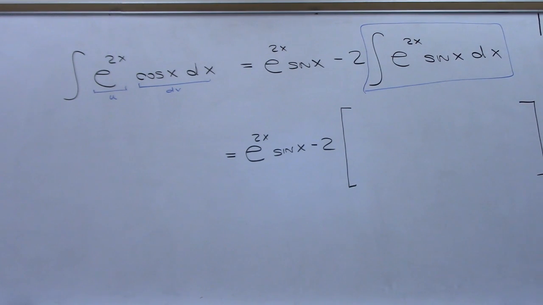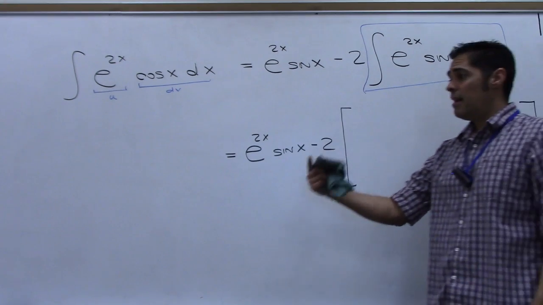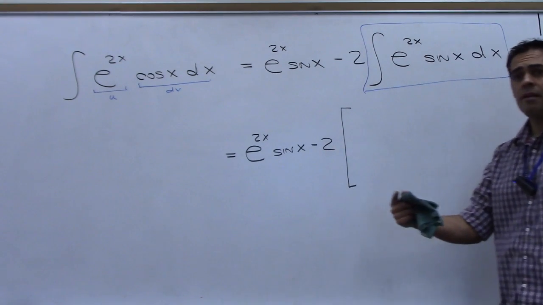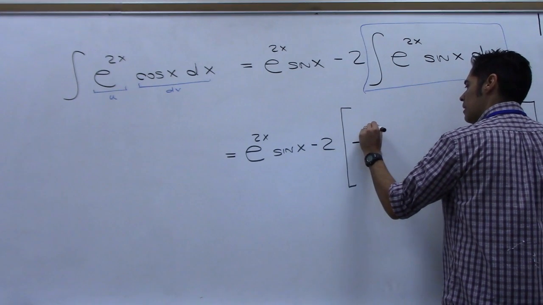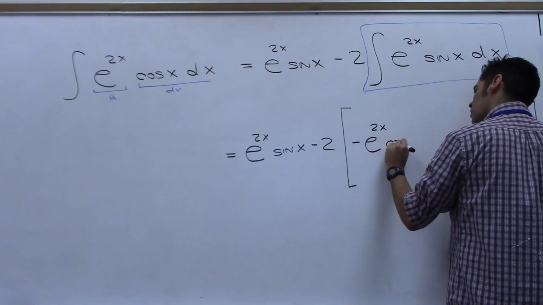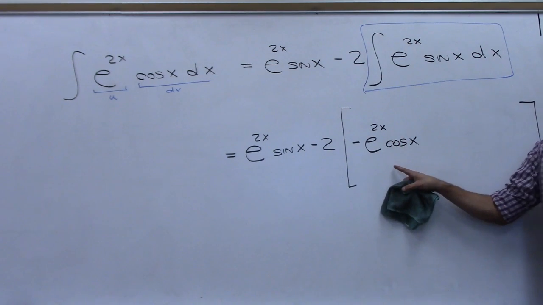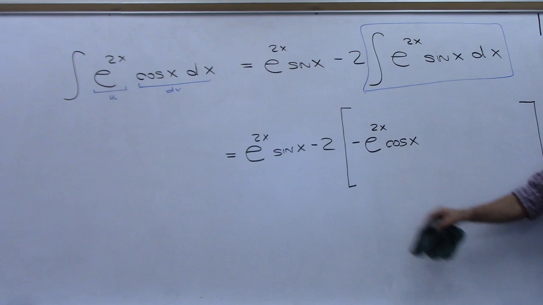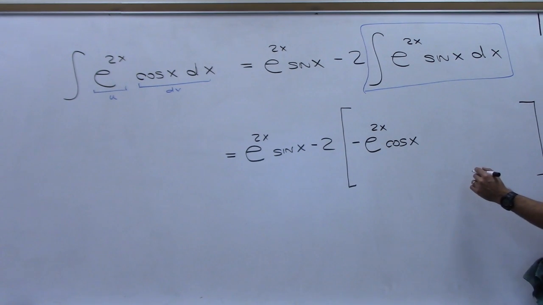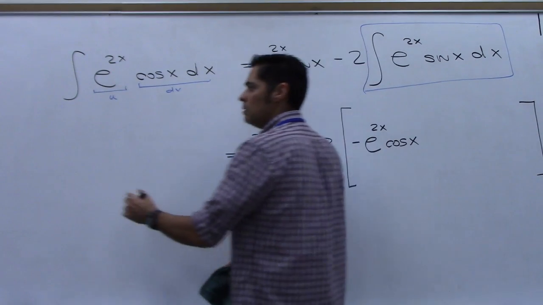All right, ultraviolet minus voodoo. So what would the ultraviolet be? It was e to the 2x times negative cosine, right? So I'm going to write it this way: negative e to the 2x cosine x. Everyone see that? That's ultraviolet from your table. Minus, no? Where's the negative? Go back to your table.